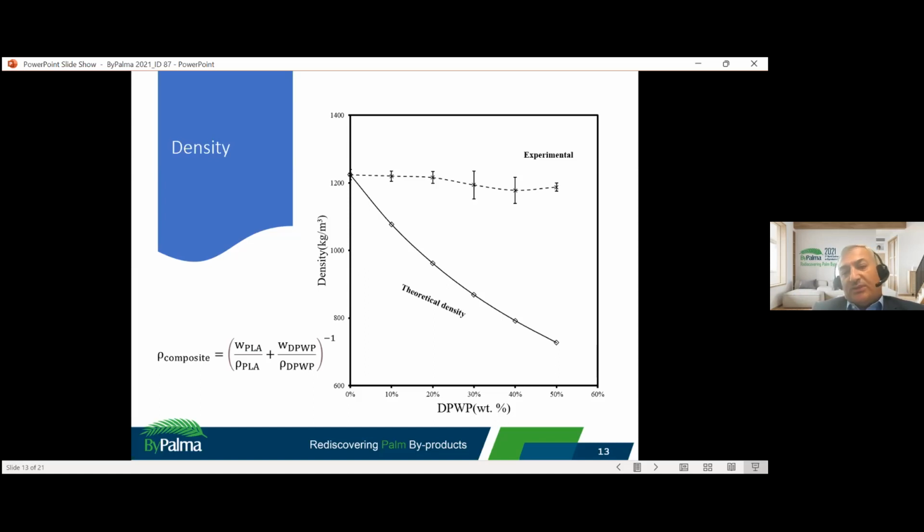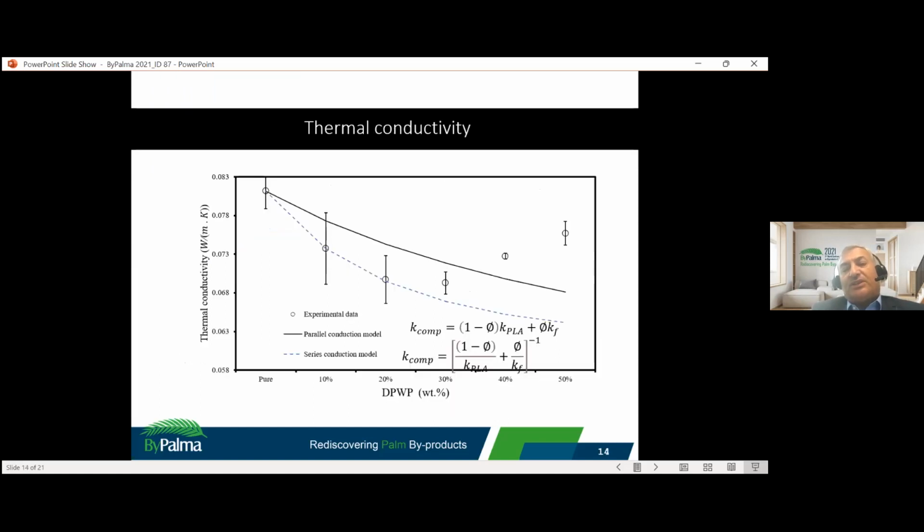Of course we have maybe different reasons, but we think the main reason is that during the melting and extrusion process, the date palm fibers lost some of their volatile materials. Therefore, the actual density is higher than what we have in the raw or fresh fibers.